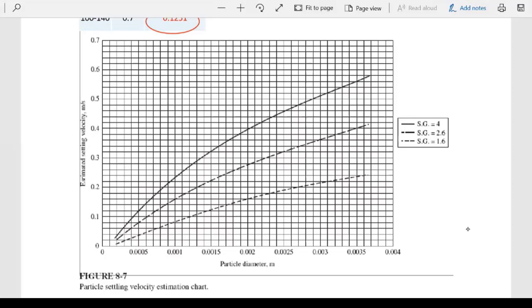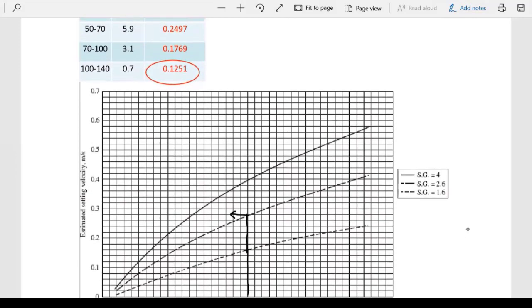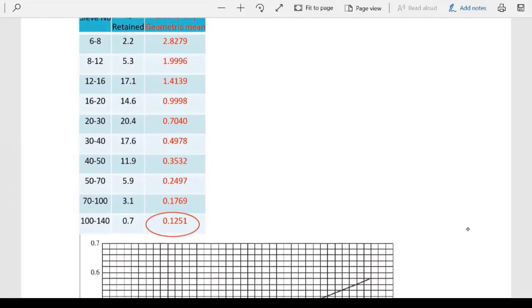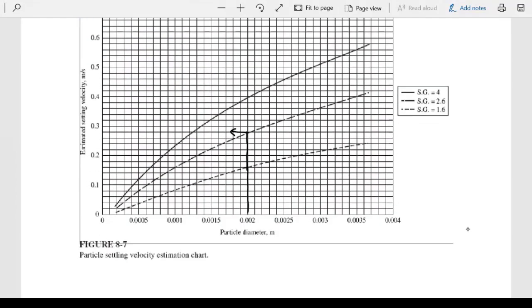So what you'll simply do is you have a particular size. So for instance here, and we'll read across to estimate the particle terminal settling velocity. So we've got a diameter of 2.8.